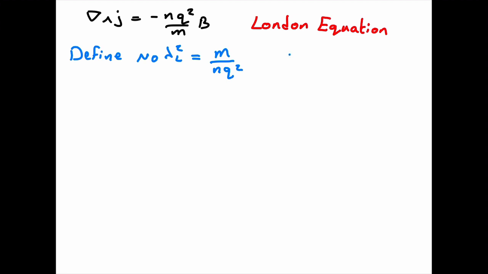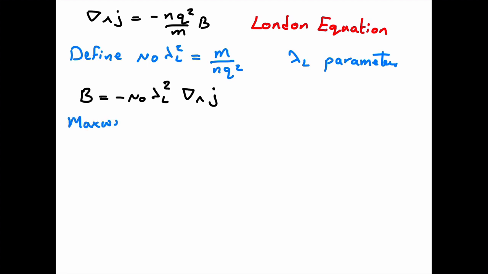So I could write the original London equation in a slightly different way, just rearranged: B is equal to minus mu naught lambda L squared curl J. But let's remember a few things from Maxwell's equations. Maxwell's equations say that the curl of B is equal to mu naught J.